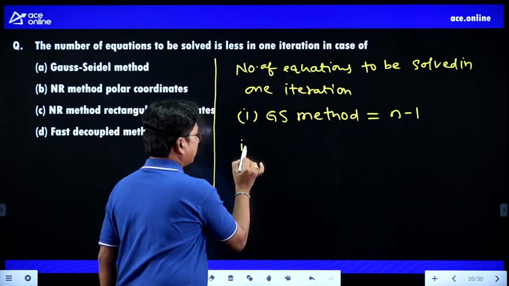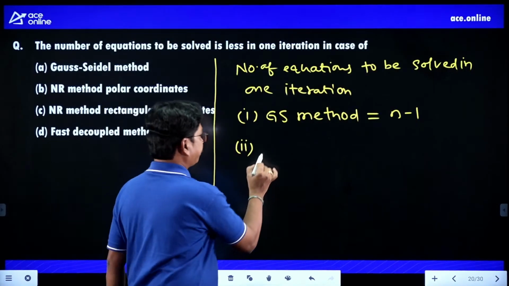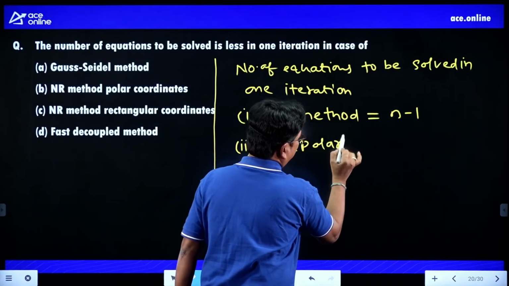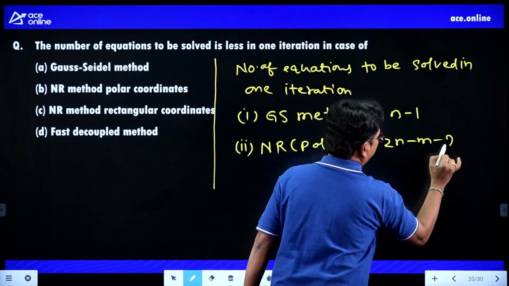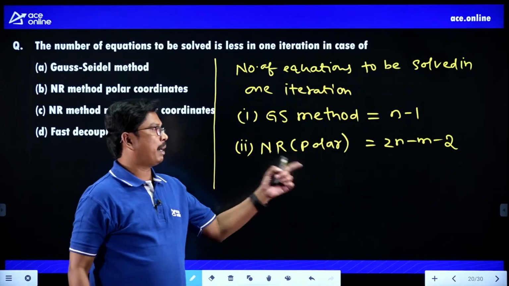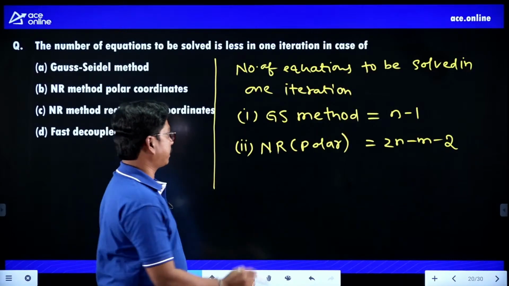Whereas in case of the NR method in polar coordinates, it will be 2n minus m minus 2, where m is the number of PV buses.